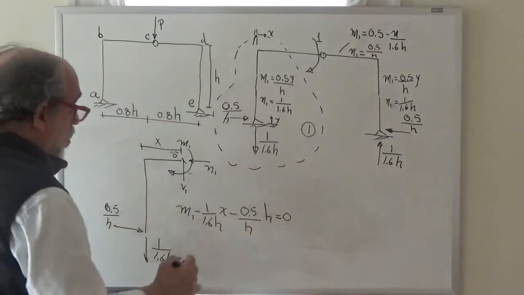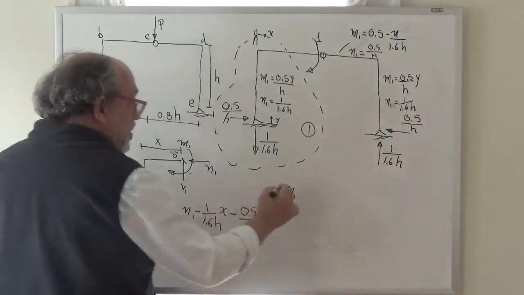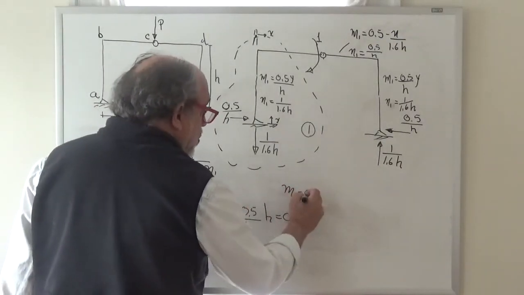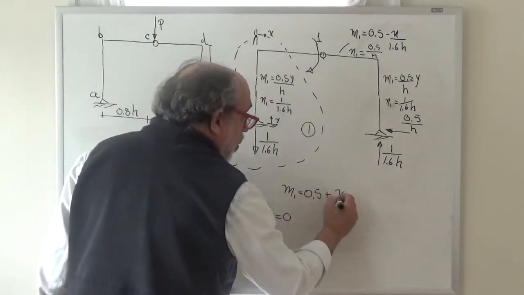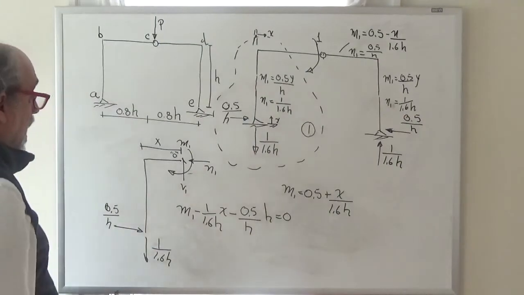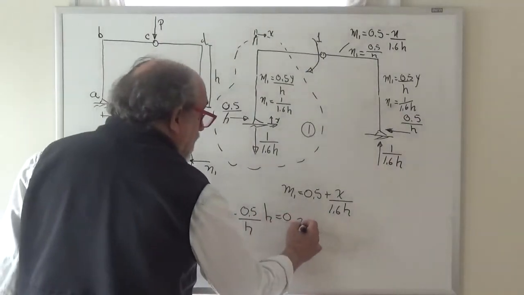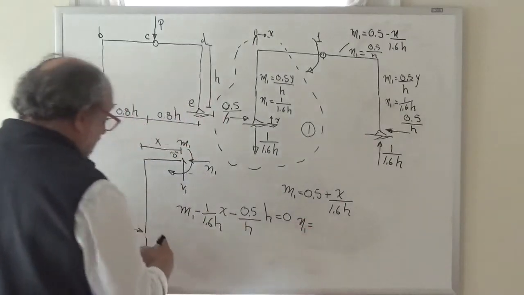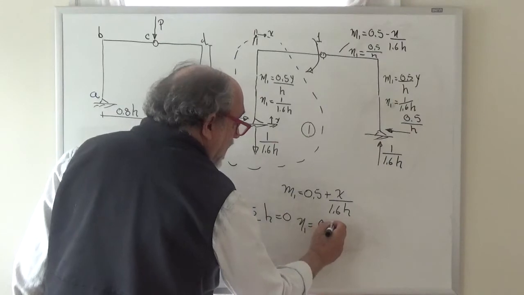Therefore, we find that our moment M1 is equal to both of those things with changed sign. That's just 0.5 plus x over 1.6h. And if we sum forces in the x direction, it's obvious that N1 is equal to 0.5 divided by h.